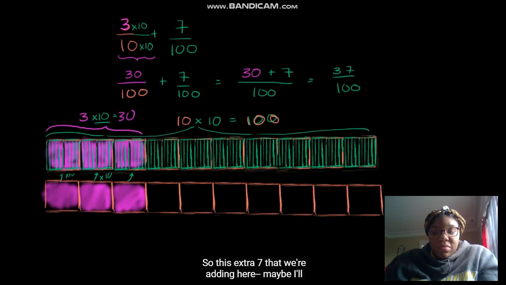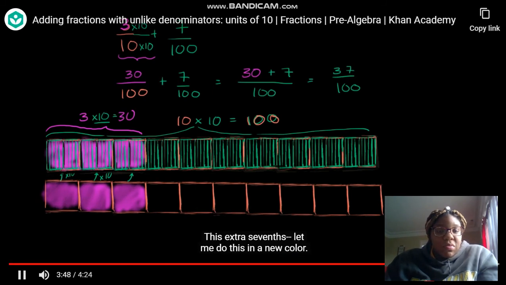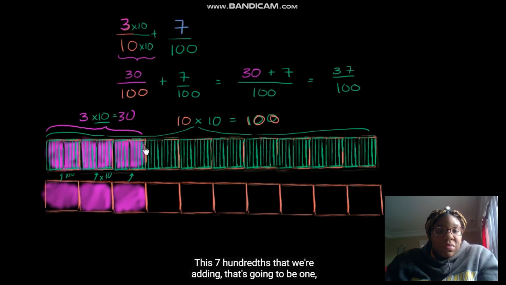37 hundredths. So this extra 7 that we're adding here, let me do this in a new color. This 7 hundredths that we're adding, that's going to be 1, 2, let me paint that in a little bit clearer.